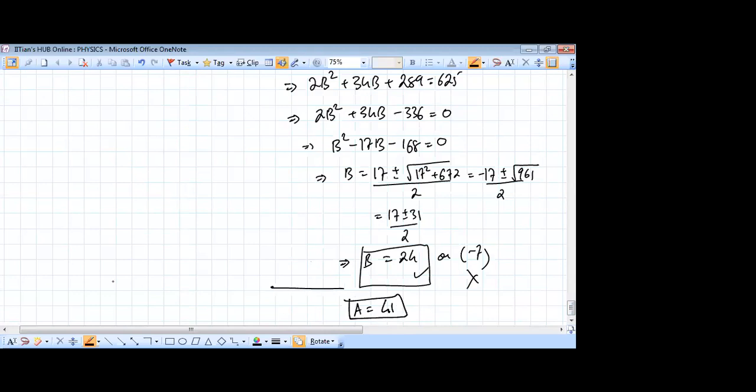So you can see that A minus B is 17, and the root of A square plus B square will actually become 25.